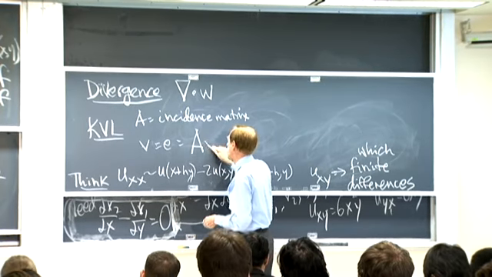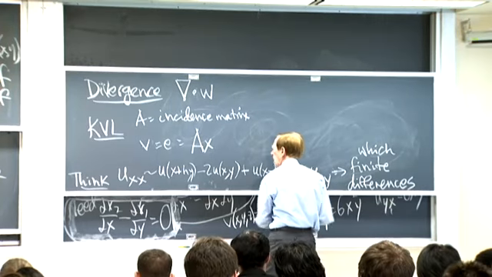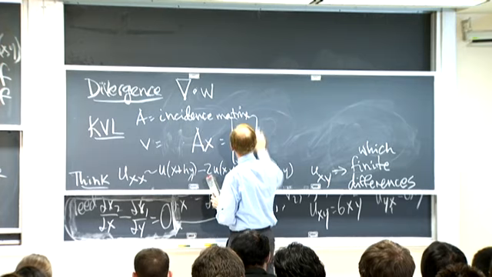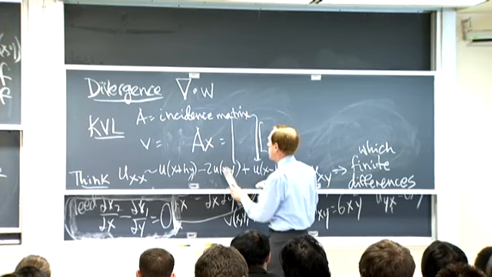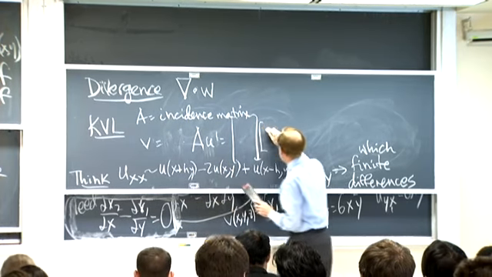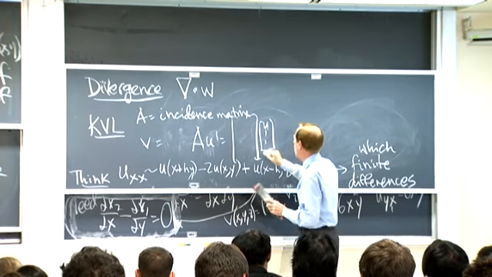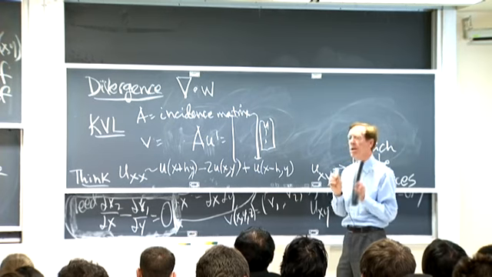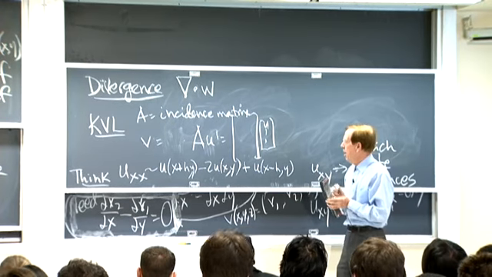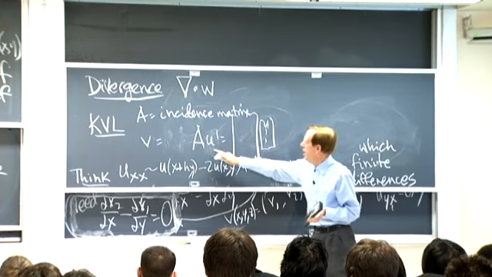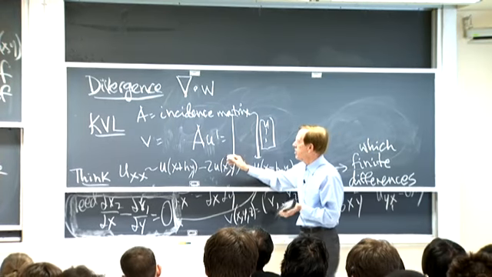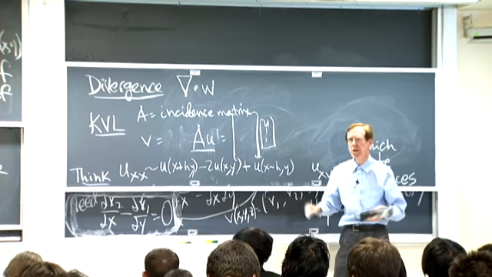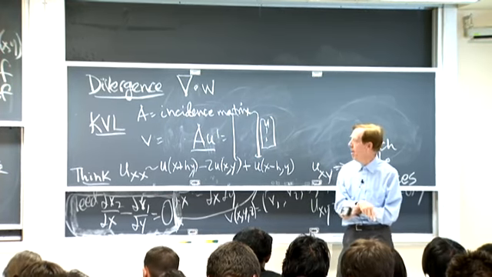Let's just look at AU. A is this long, thin matrix times U's. Let me say it all at once. Which vectors have the form AU? Which vectors are combinations of the columns of A?